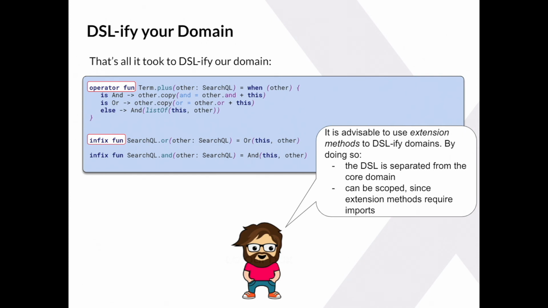But this is only for testing purposes, and I want to keep my core domain as clean as possible. So I could have a test package with this DSL, with all the extension methods like and, or, and so on. Then I could only use it in a testing context, not polluting my code. That's the power you get when using extension methods.